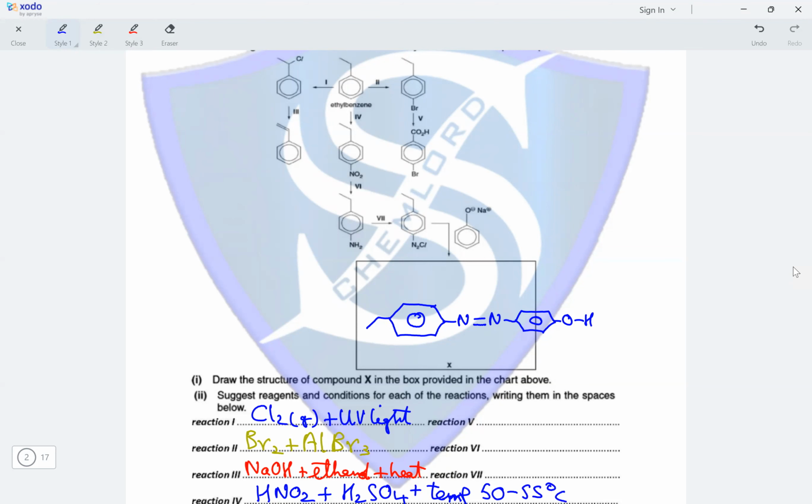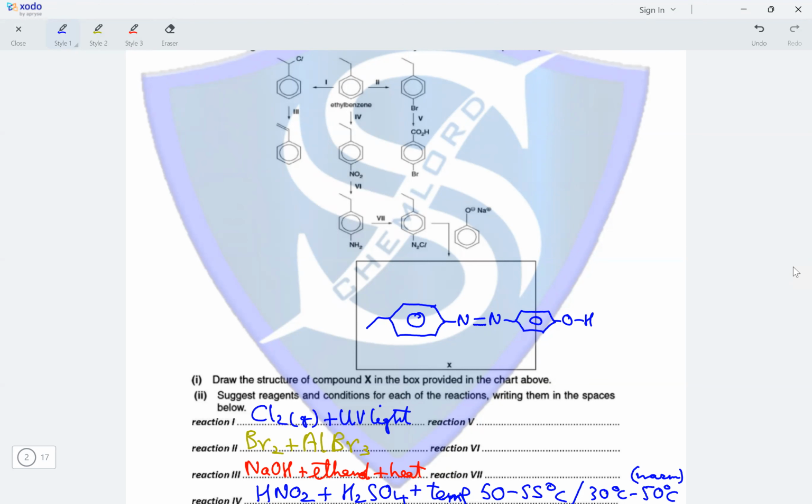And it is also possible that because it is an alkyl benzene, a temperature between 30 to 50 degrees Celsius is also sufficient, which is called warming of the reagents.